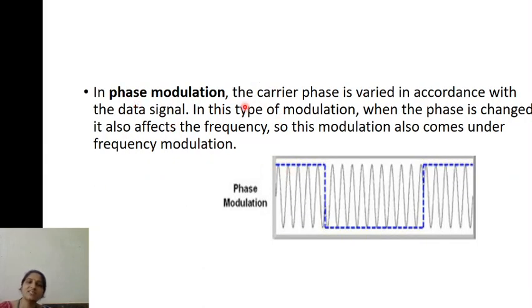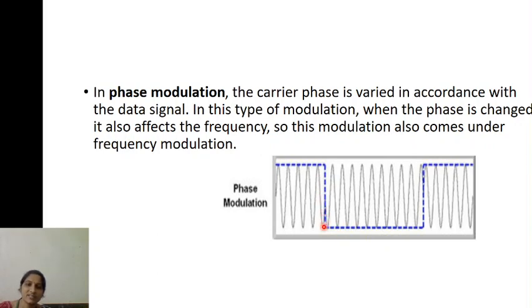And in phase modulation, you can observe the frequency as well as the amplitude will be constant. The varying quantity here is the phase. The phase angle is going to vary here. You can observe here there is the information, and where there is no information, the wave is constant.